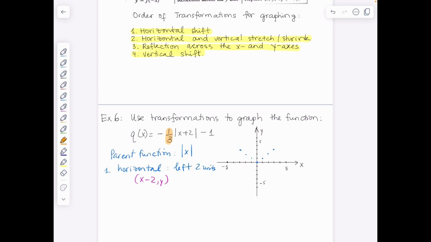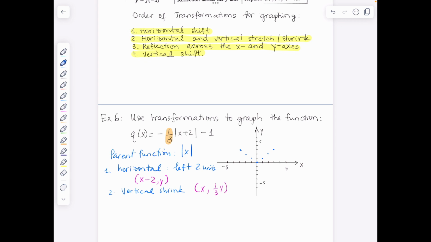So that indicates there's a vertical shrink because the number is 1/3, which is between 0 and 1. And when you transform the points, you're supposed to keep the variable x the same, and as for the y coordinate, you are going to multiply it by 1/3.